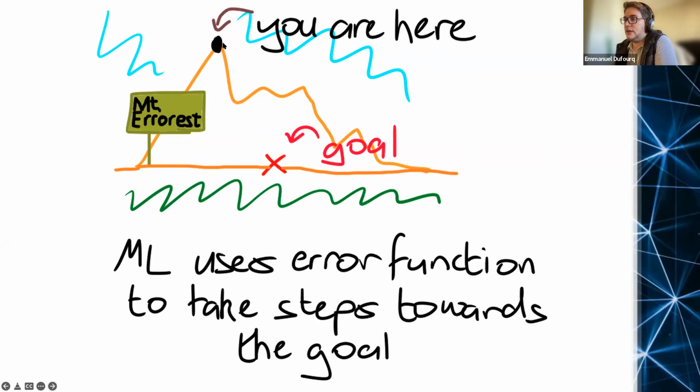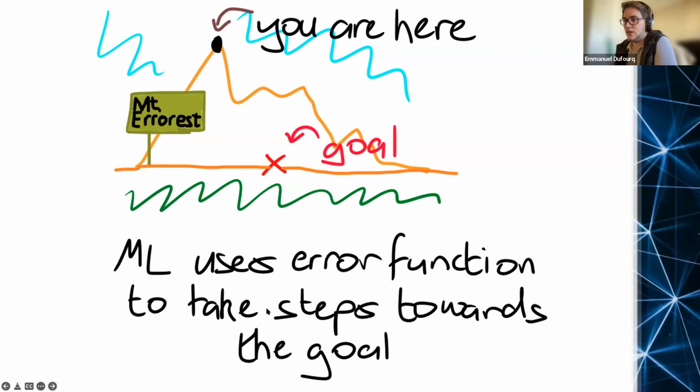Now, let us pretend that the higher you are on the mountain, the more mistakes you're making, right? Because it's Mount Everest, the higher you are, the more your error. And the lower you are, the less error you're making. So let's say we start off here. Our goal is to somehow go down this mountain and to reach the ground.